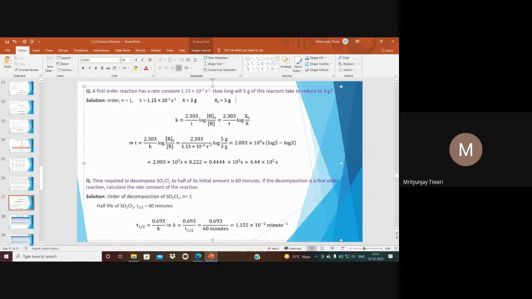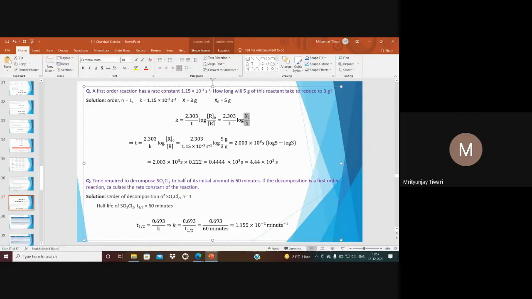One can write this because R naught divided by R is equal to X naught divided by X, and that is why one can write it directly. So T is equal to 2.303 divided by K log X naught by X, or R naught by R.